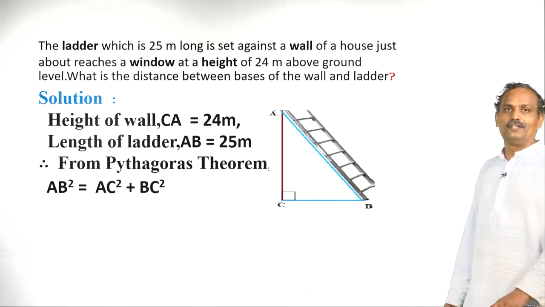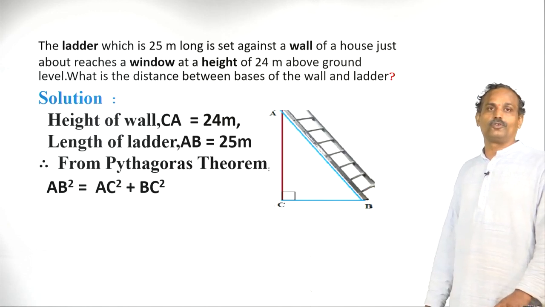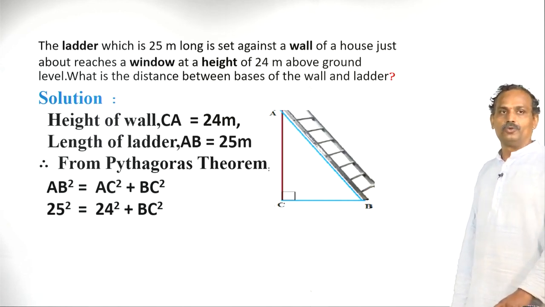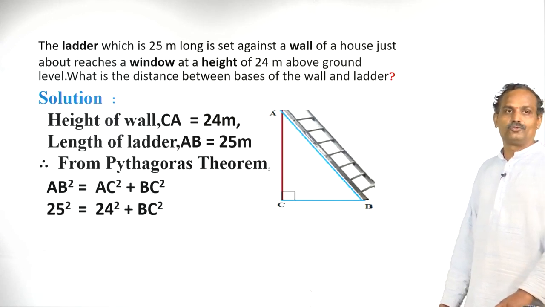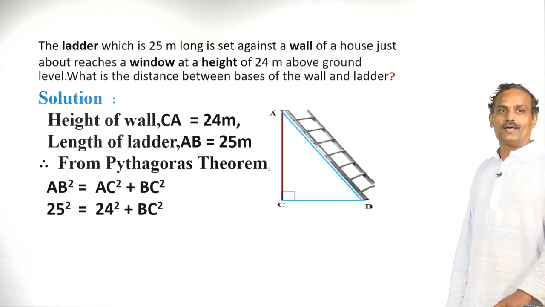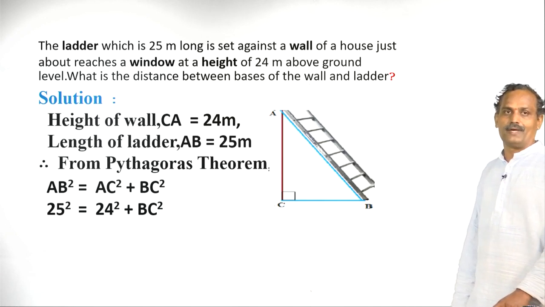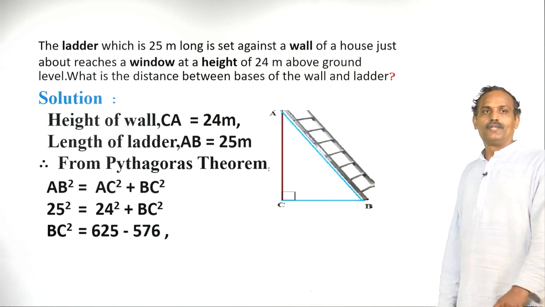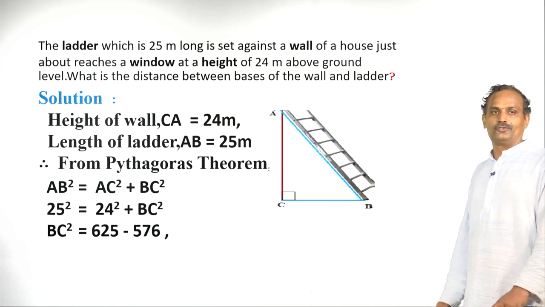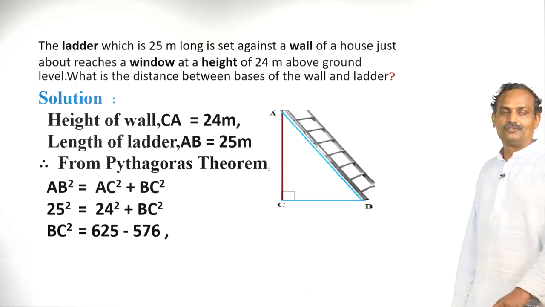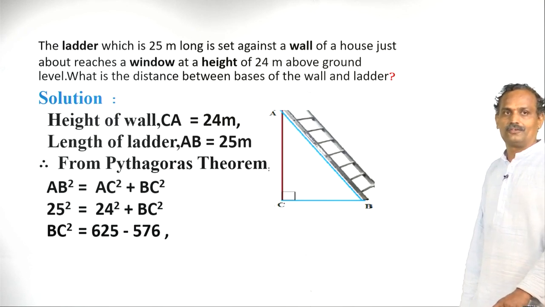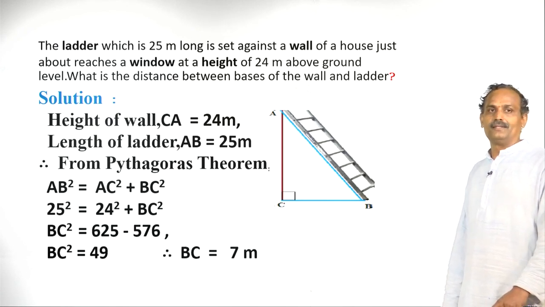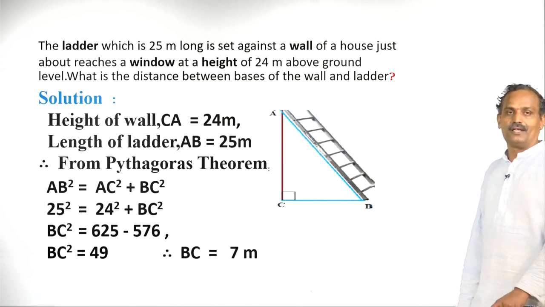AB is the hypotenuse, so AB square is AC square plus BC square. Let us substitute the values: 25 square is 24 square plus BC square. So BC square is 625 minus 576. Therefore, BC square is 49, and 49 is the square of 7.